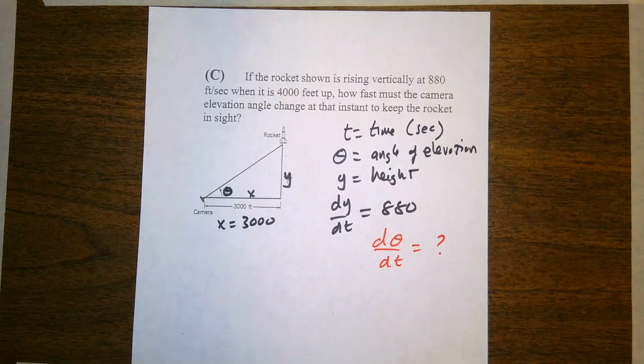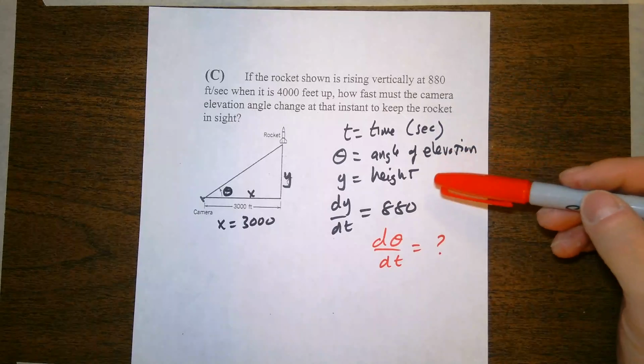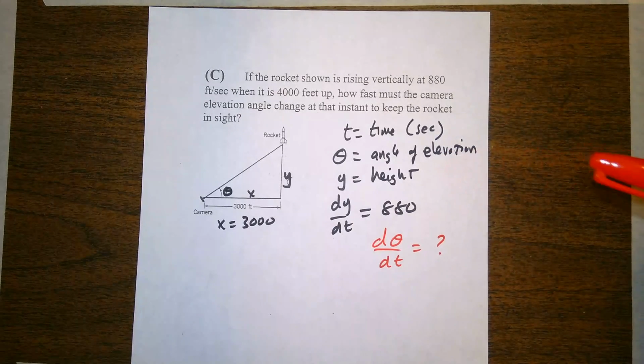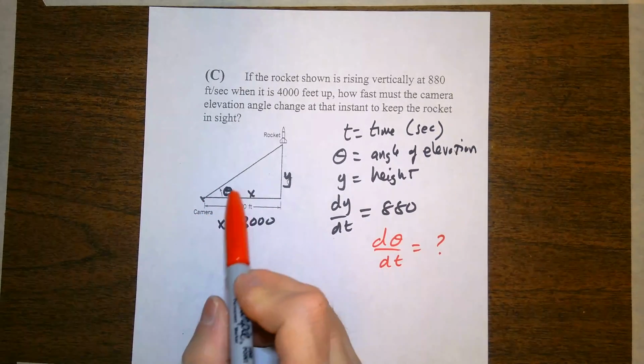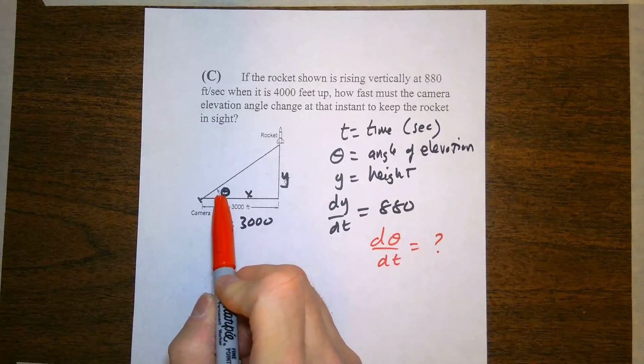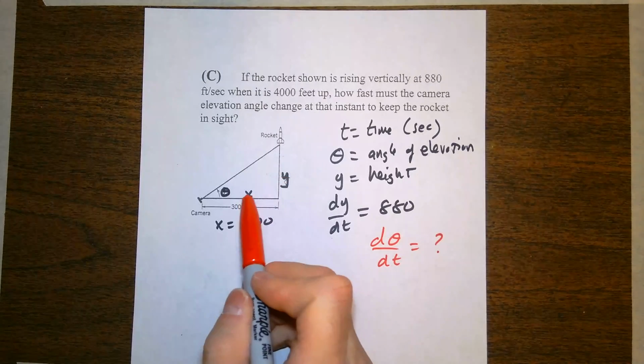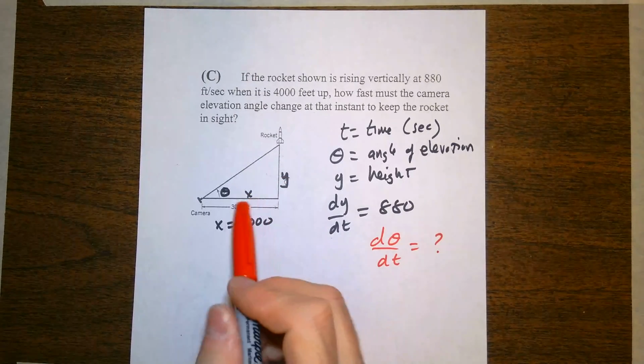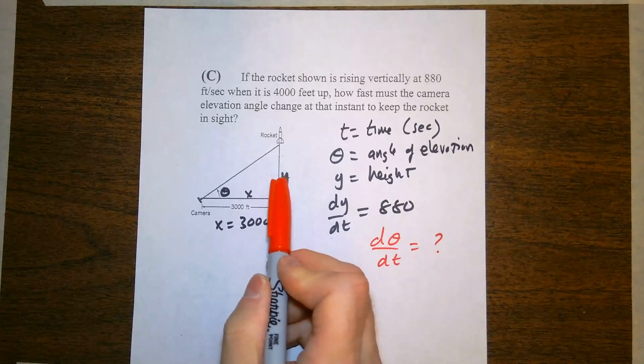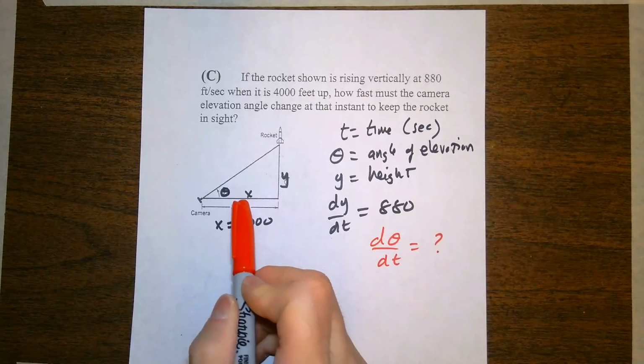That's my unknown. All right, so we've written down all the information, and we've written down what it is we're trying to find. Now find an equation that relates all of the variables. What variables? Well, an angle, this side and this side. Let me say it a little differently: an angle, the side opposite from it, and the side adjacent to it.